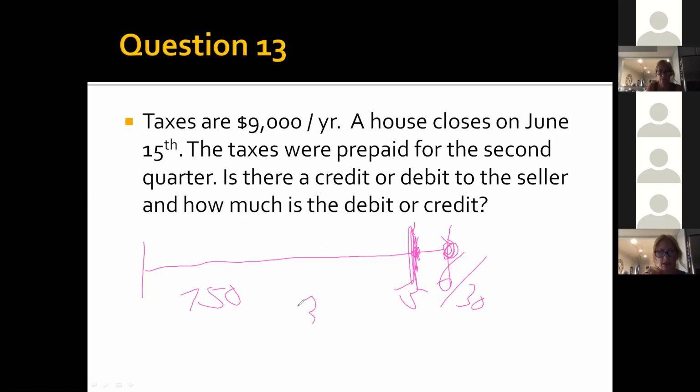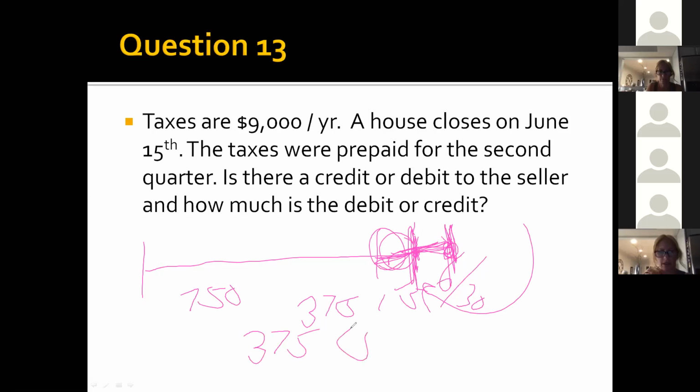So that means there's going to be 375, because from the 1st to the 15th, the seller owed the taxes. She paid them all the way to the end, but she lived in the house till the 15th. So she owed the taxes for the first 15 days, but for the second 15 days, she paid the taxes to the end, but she didn't live in the house, so somebody's got to pay her back. So it's going to be a credit to the seller of $375.